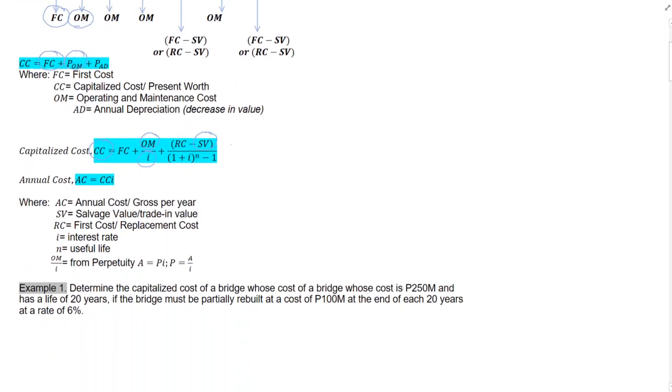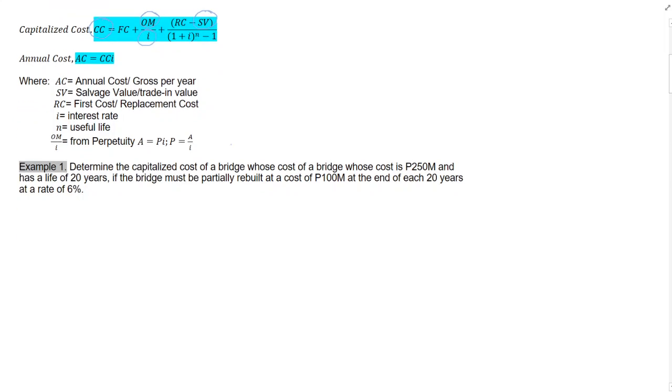Don't forget that your n is the useful life, and the OM over I comes from the formula of perpetuity, which is A is equal to P multiplied by the interest rate, or P is equal to the annuity divided by the interest rate.